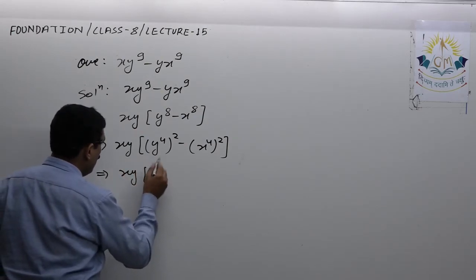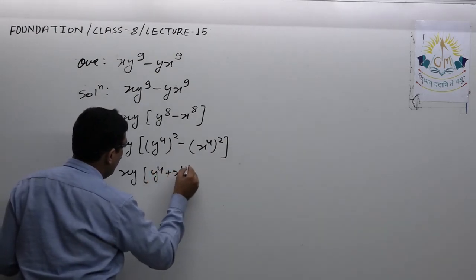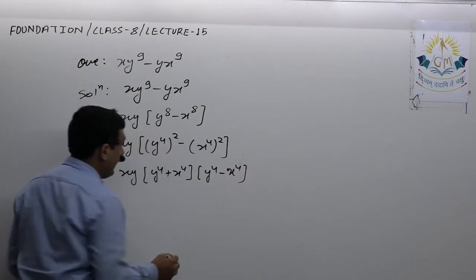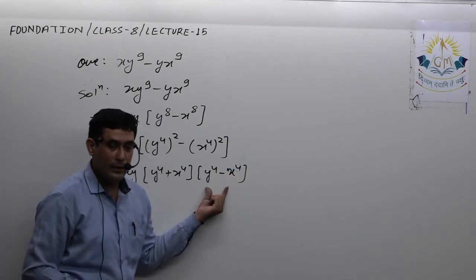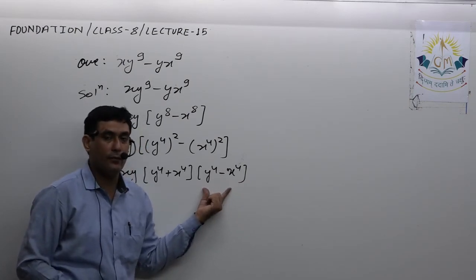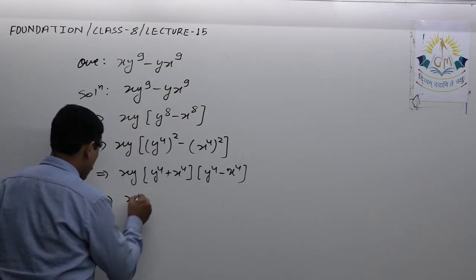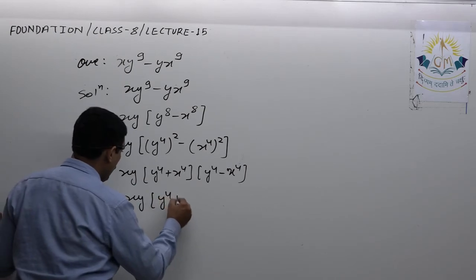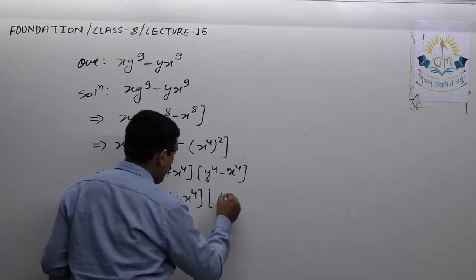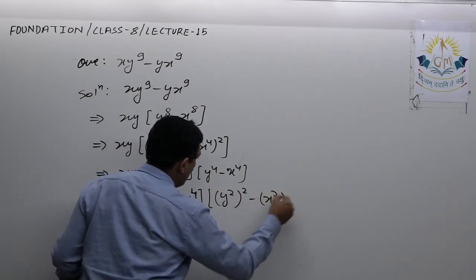So xy, now a square minus b square, so a plus b into a minus b. Now again it is as it is, and y raised to 4 minus x raised to 4 we can factorize further by converting it in the form of a square minus b square. So xy, y raised to 4 plus x raised to 4. Now here y square square minus x square square.